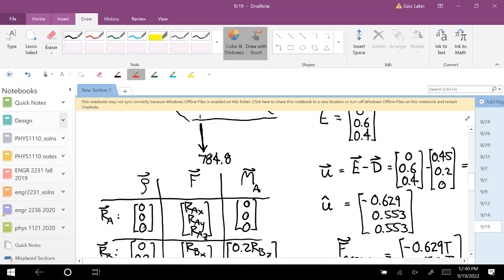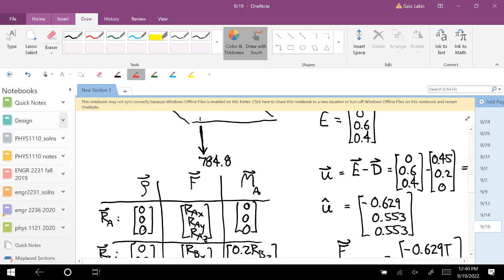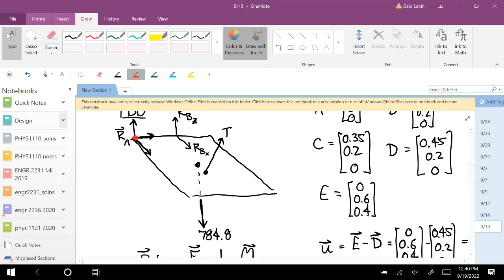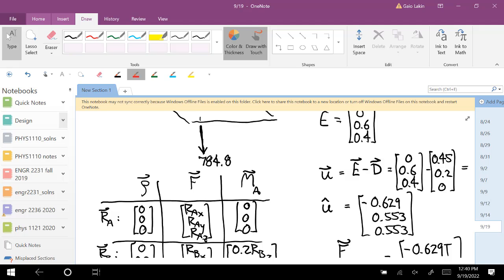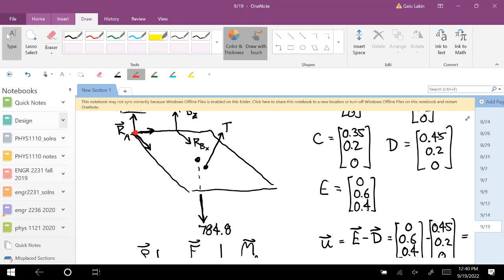Because the moment arm is this. So how far is that? 0.45.